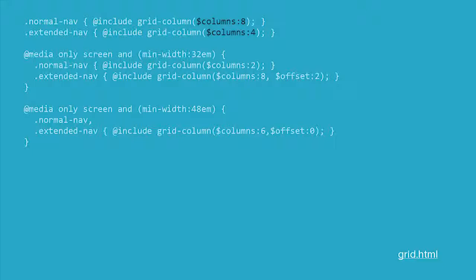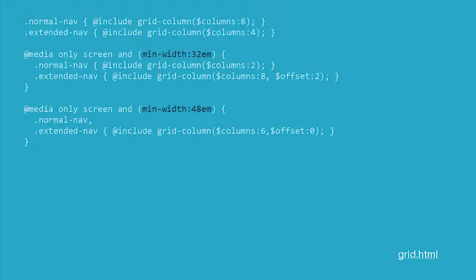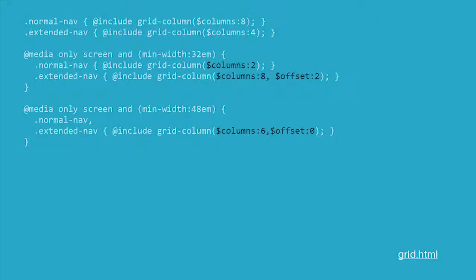But we're specifying a few media queries, and within there, we're playing around with how the columns are behaving. In one of them, the columns shrink down to 2, and we're giving one an offset. But then when the screen gets bigger, we're going to nullify the offset and say that it's 0, and we're going to give both columns a width of 6. An example of how that behaves is down here as well.